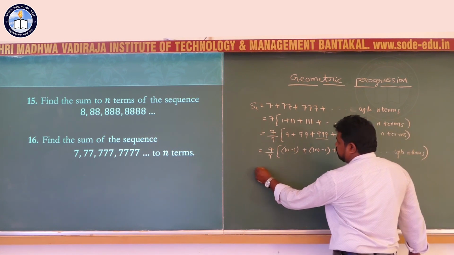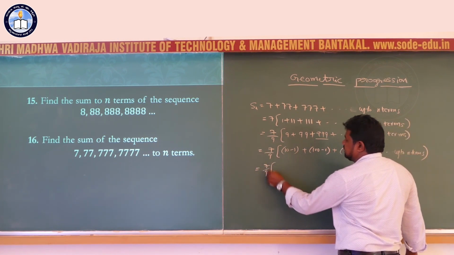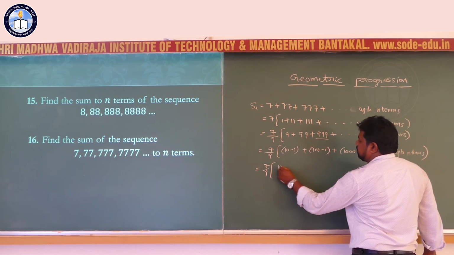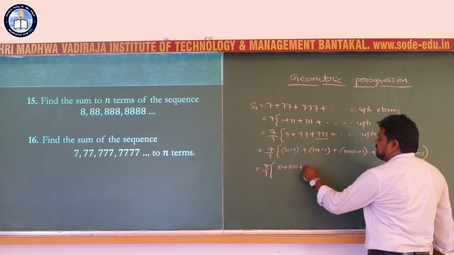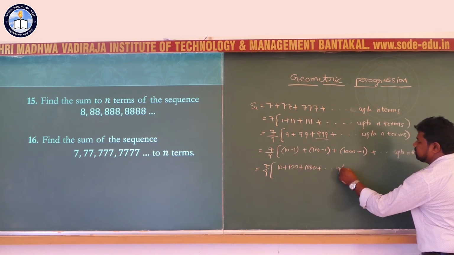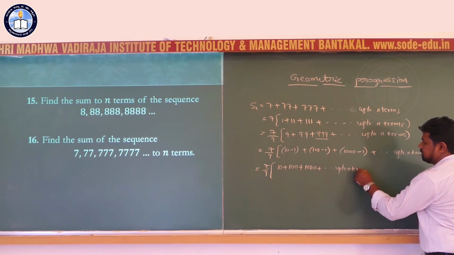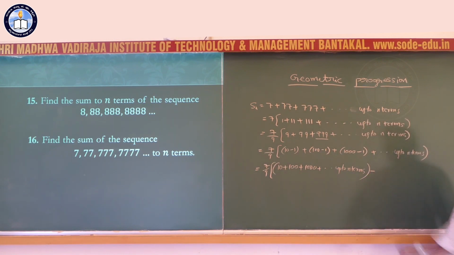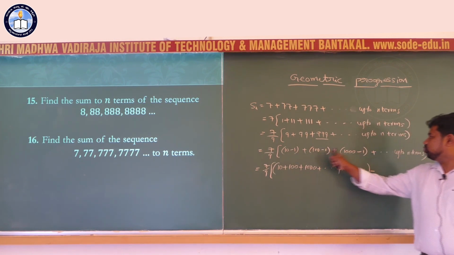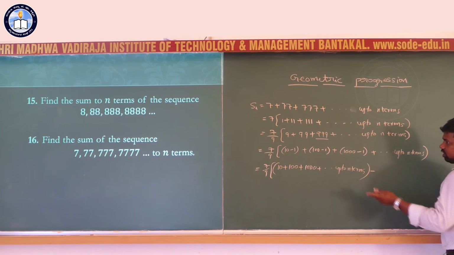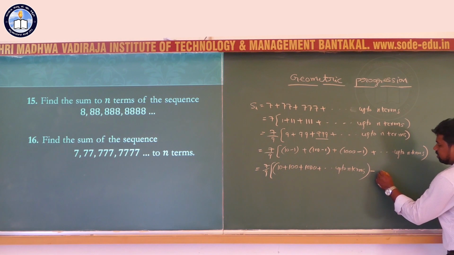That is equal to 7 by 9 into 10 plus 100 plus 1000 up to n terms, minus 1 minus 1 minus 1 up to n terms, that is minus, taking outside, 1 plus 1 plus 1 n times, that is n.